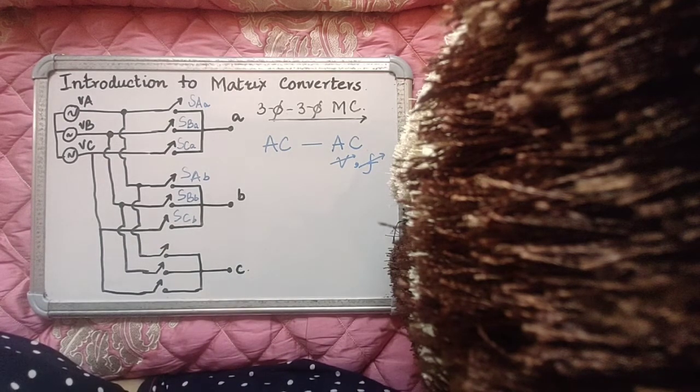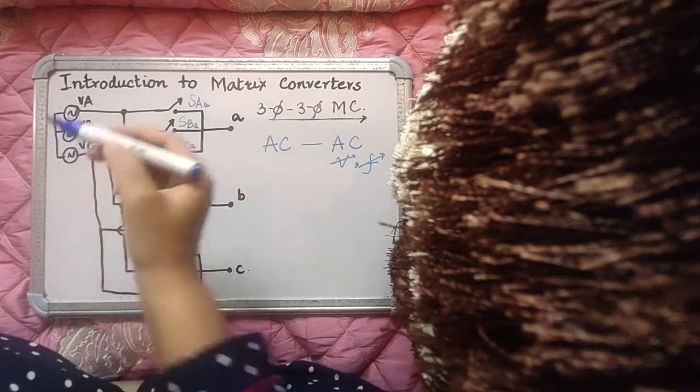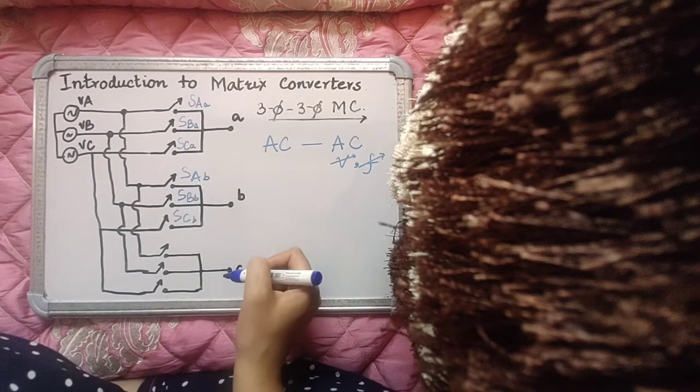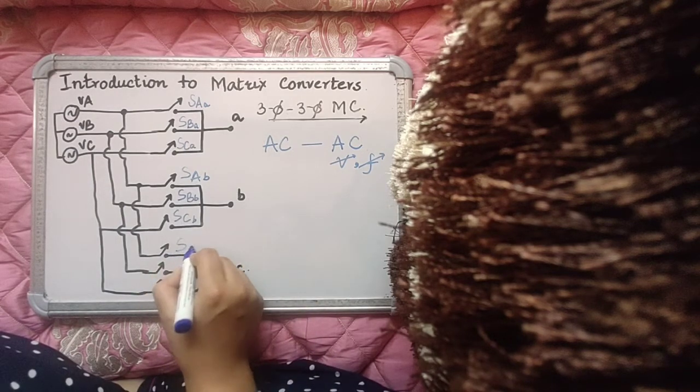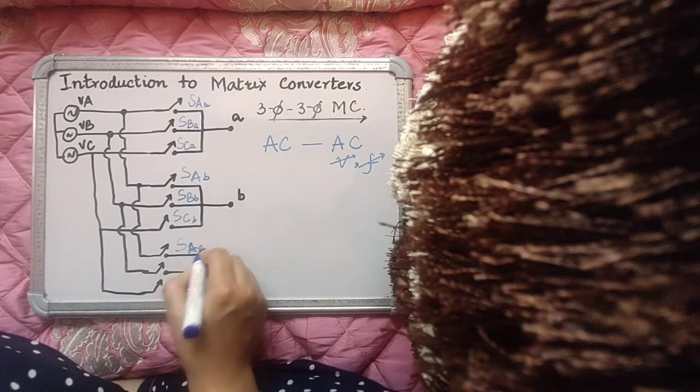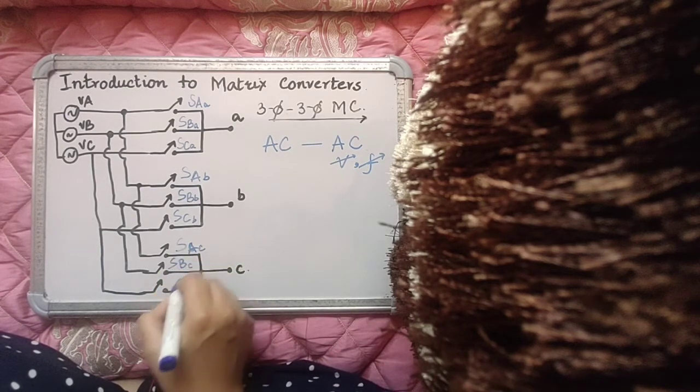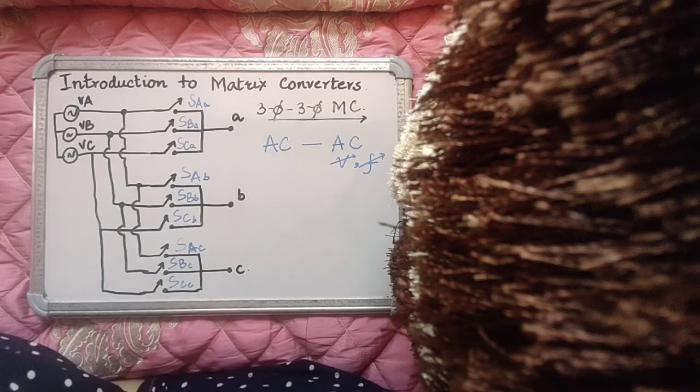Right, and finally the three input phases can also be sampled at the output phase C, again through three switches SAC, SBC and SCC. So you have a total of 9 devices in a matrix converter.